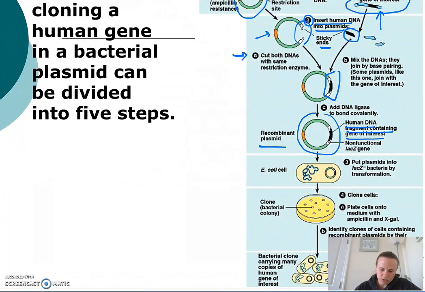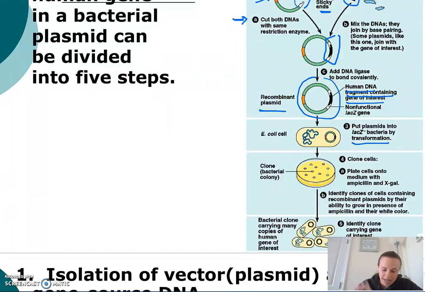Then I'm going to allow the plasmid to do transformation. That involves calcium chloride and heat shock. Then I allow these bacteria cells to clone themselves. So how do I do that?